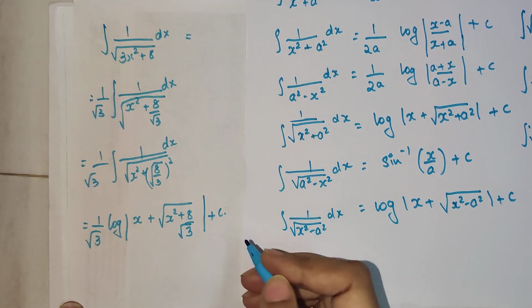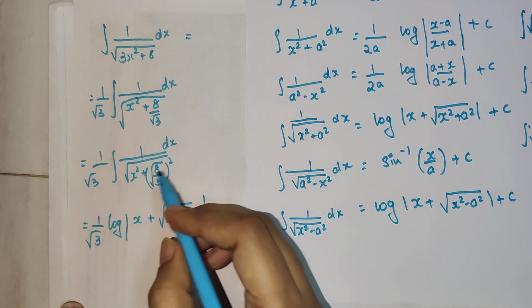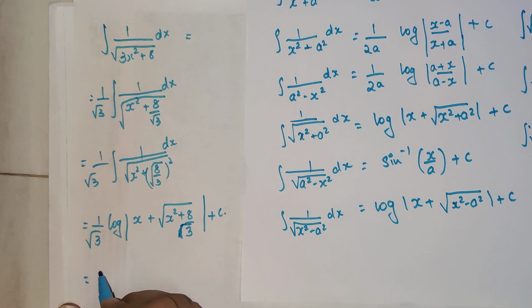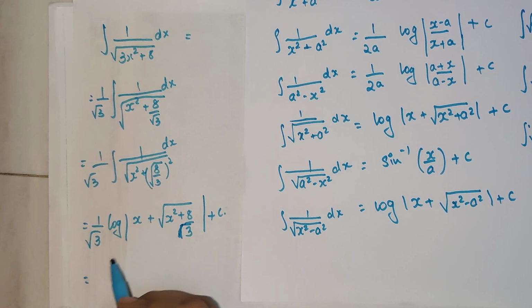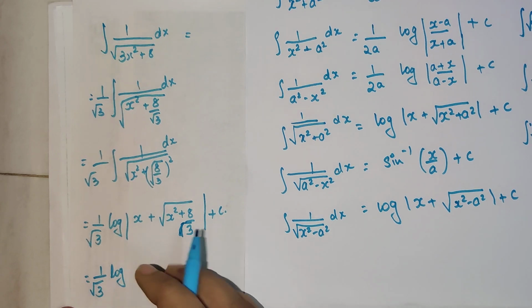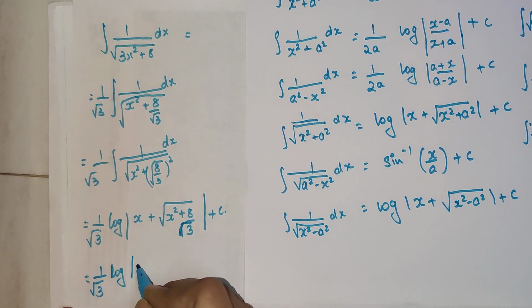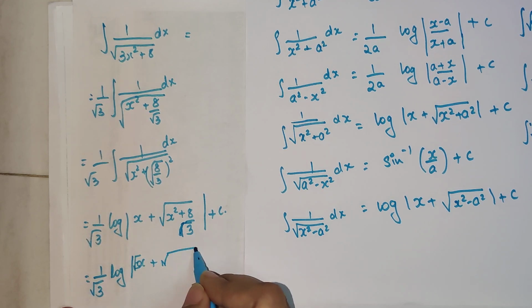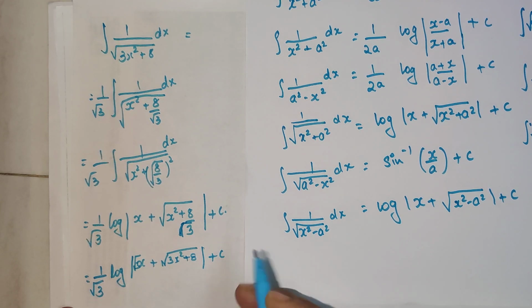Okay, sorry, the root will get cancelled. You can leave your answer here also, or if you want to put it in a proper form, taking the whole LCM and everything, then you can have x root 3x plus root of 3x square plus 8 plus c.